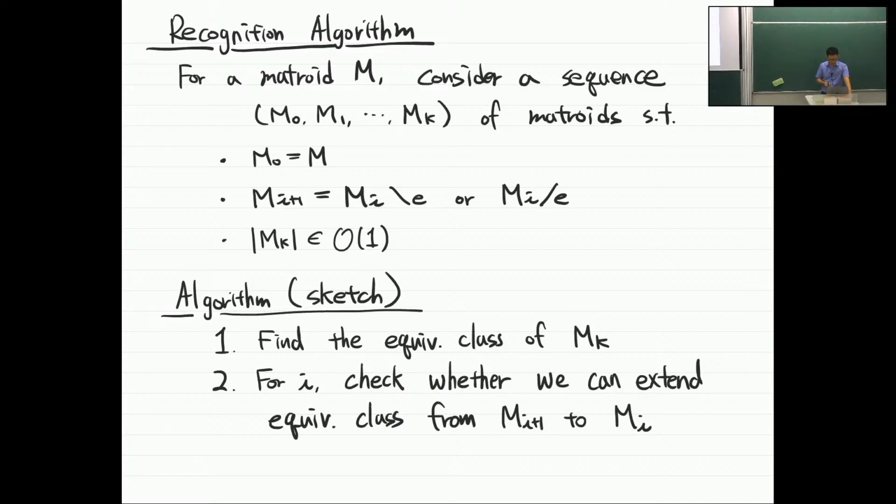The polynomial bound matters here because if there are exponentially many equivalence classes, for example, if for each i we suppose that we can double the number of equivalence classes, we start with one equivalence class for Mk, and then we have two, and then 4 and 8. Then this algorithm is not of polynomial complexity. So if we can bound the number of representations by a polynomial number, then we can use it to construct the algorithm.